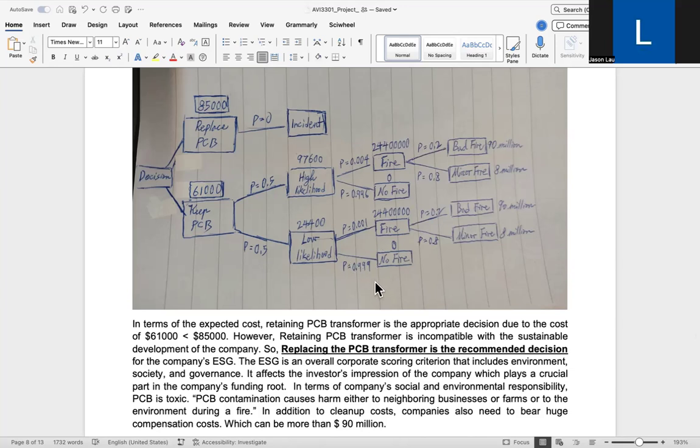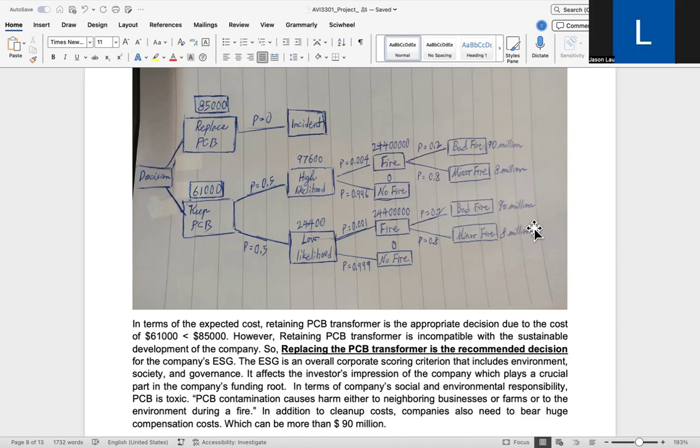On the low likelihood branch, the probability of no fire is 0.999 and fire is 0.001. On the bad fire in the low likelihood situation, the budget is still 90 million and the probability is 0.2.